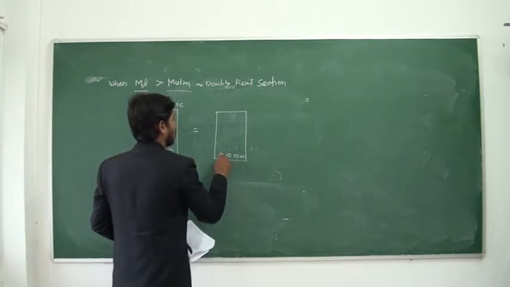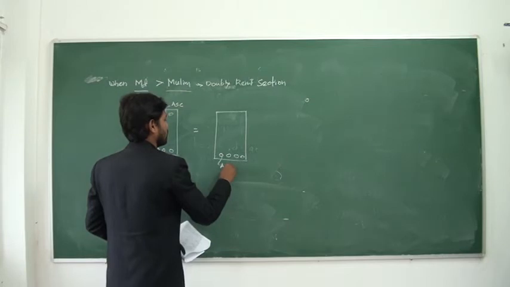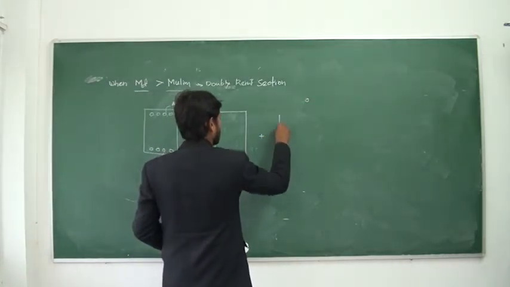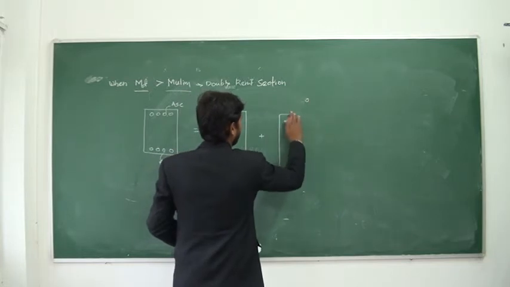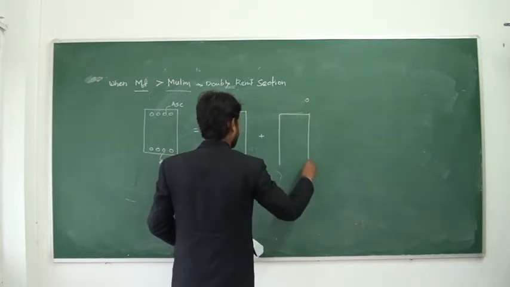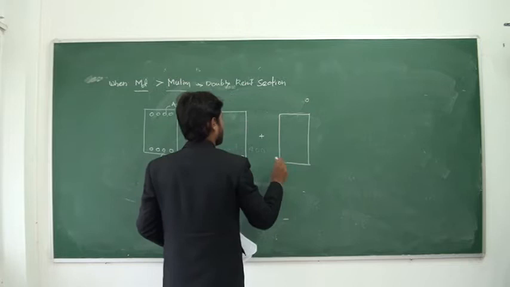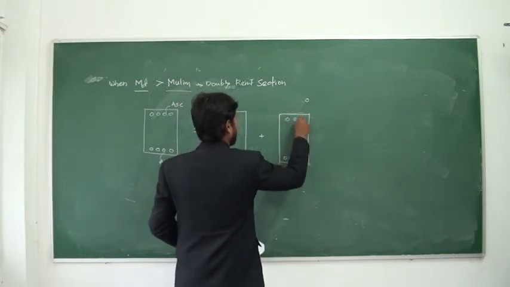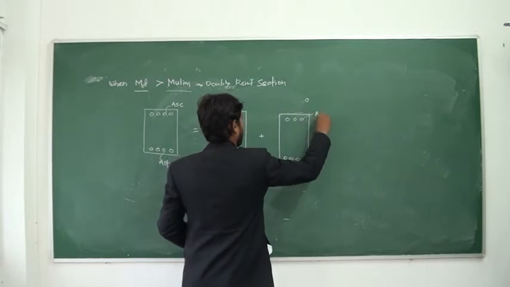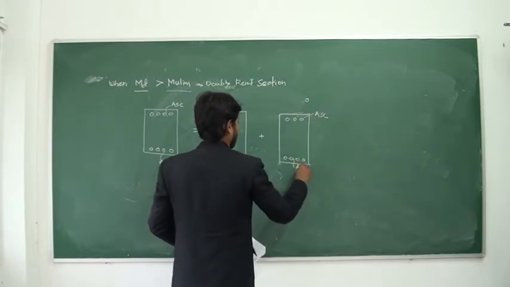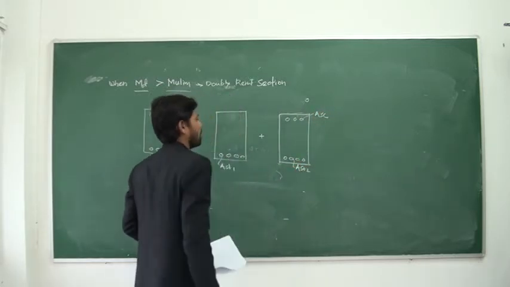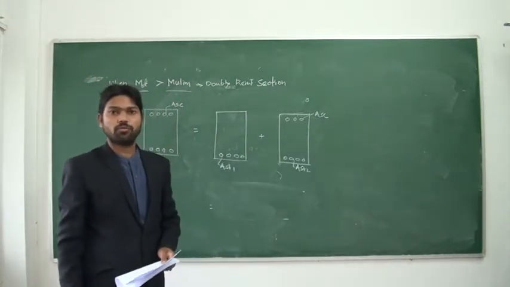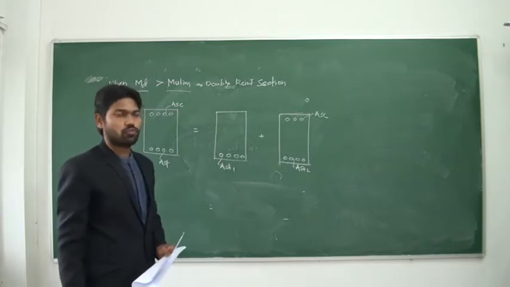This is the normal ordinary single reinforced section, plus this is a section with the additional reinforcement required for the doubly reinforced section.